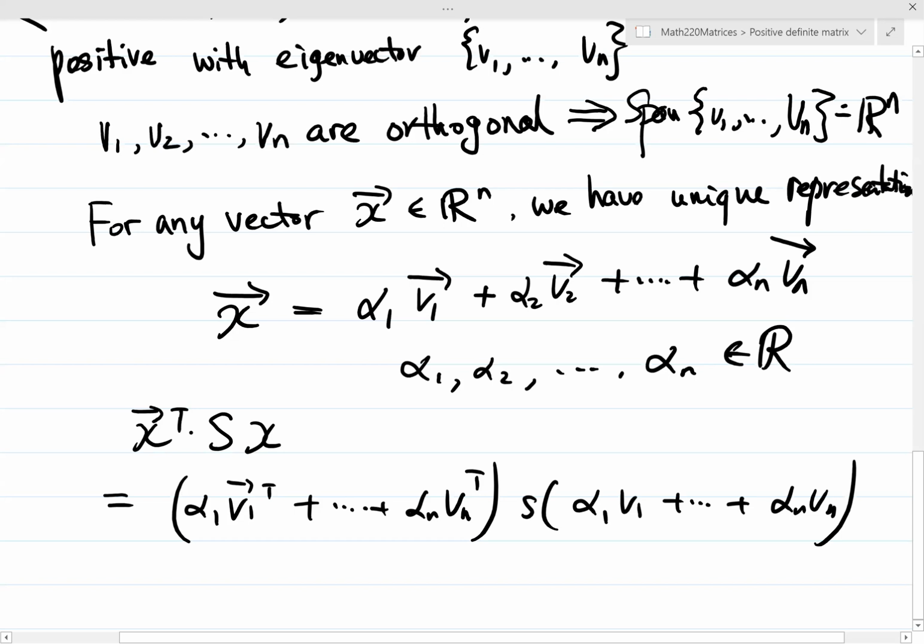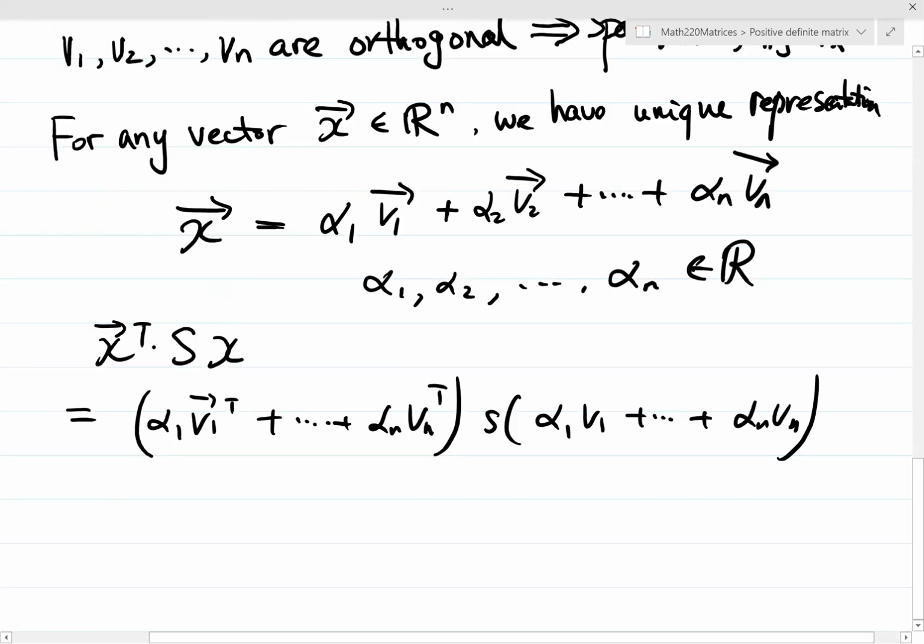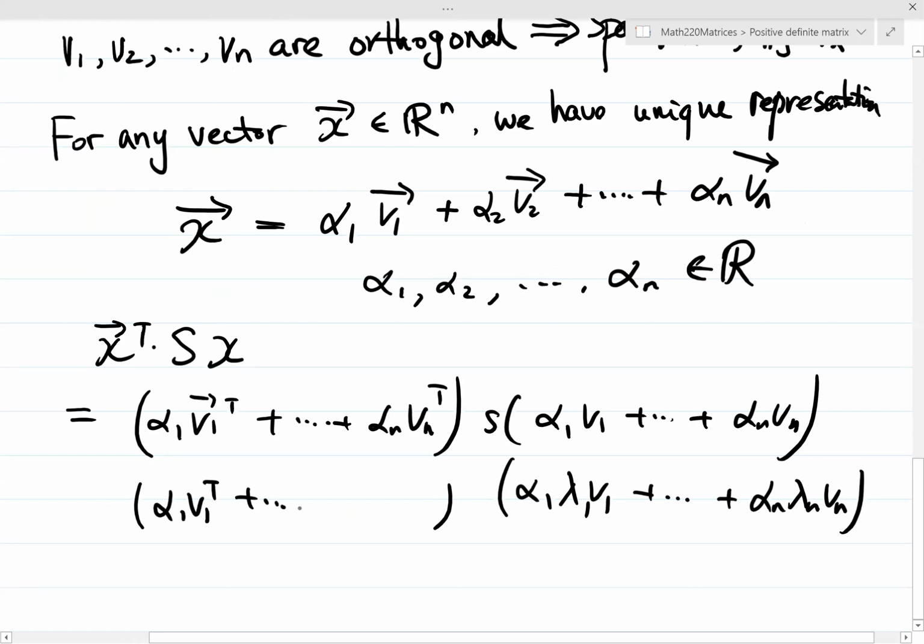Now if you multiply S v1, we get alpha 1 lambda 1 v1 plus ... plus alpha n lambda n vn. Remember they are pairwise orthogonal: vi and vj are orthogonal if i is not equal to j.